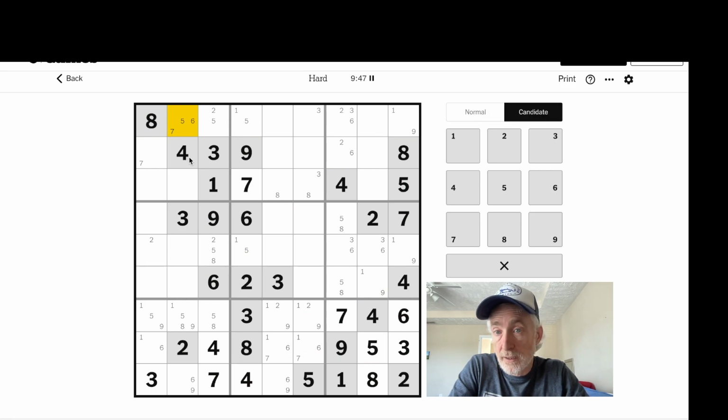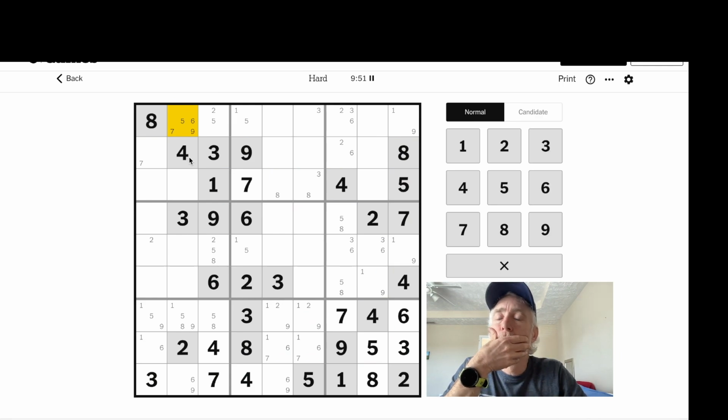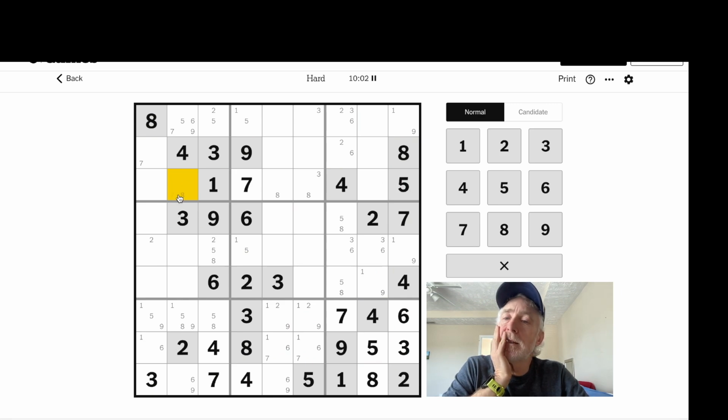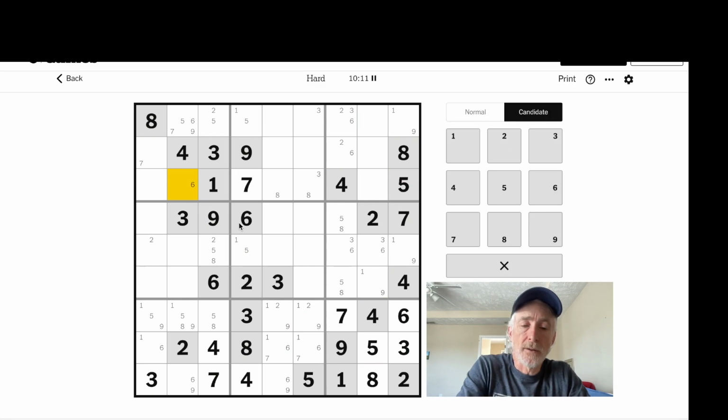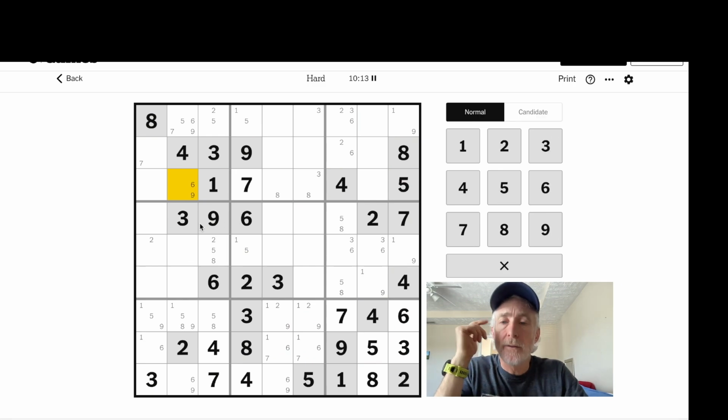Could be 7, 8, or it could be a 9. 1, 2, 3, 4, 5. Could be 6. This one's pretty limited. 1, 2, 3, 4, 5, 6. Can't be 7, 8, or 9. So this is only a 6, 9. This is only a 6, 9, and that matches this 6, 9 down here.